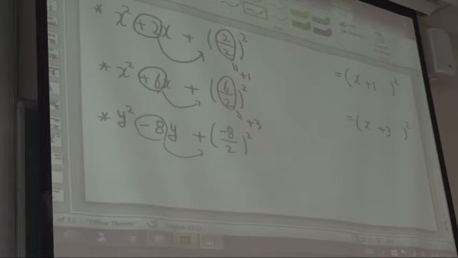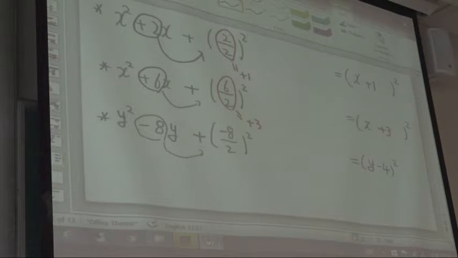So this is a negative 4. So this should be y minus 4 squared. And that's the way to make the complete square. So always take the coefficient of this number, and then divide it by 2 and square. And this number is what we need to make the complete square.